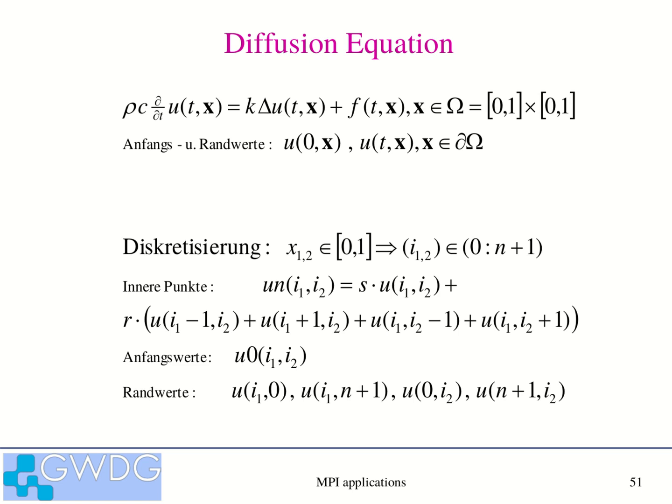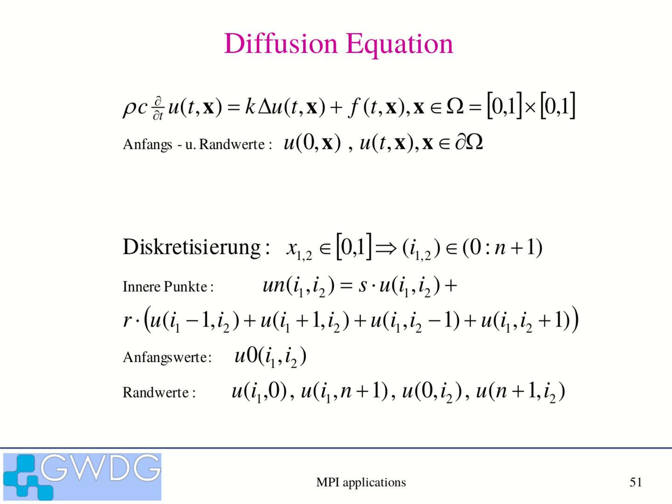So the temperature, or whatever property you consider, will be stored in a two-dimensional array, indexed by two indices corresponding to the grid points, I1, I2, and then you can discretize this equation in space and time.